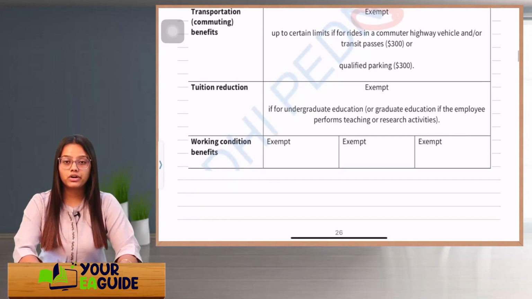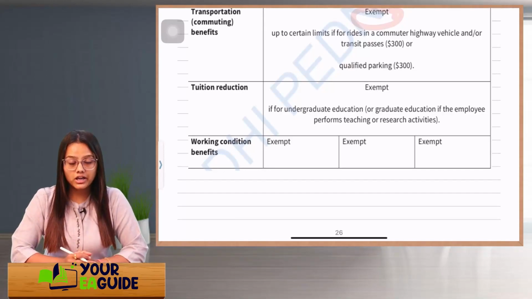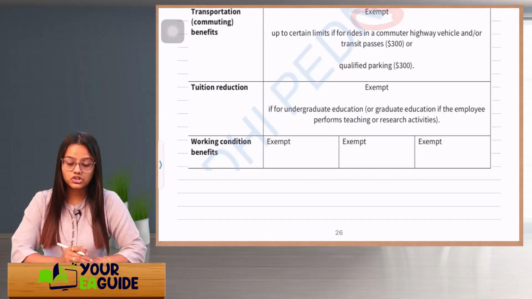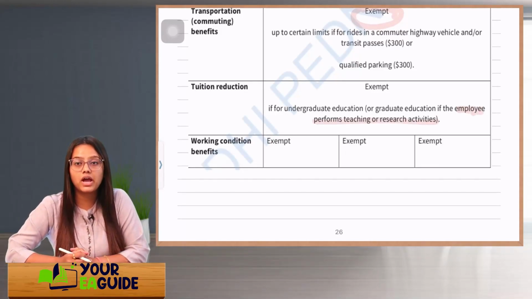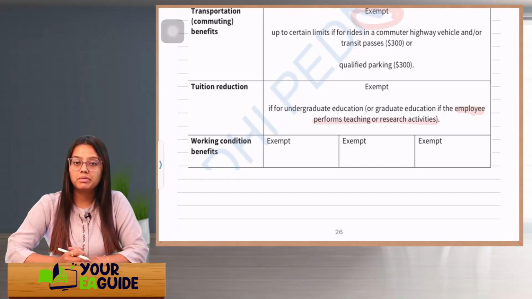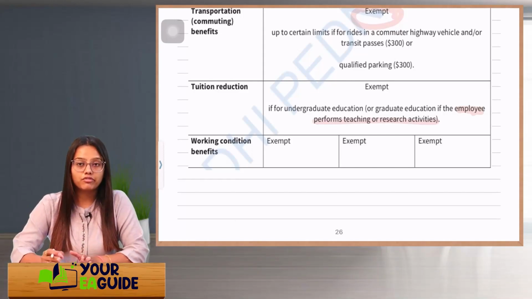Next is tuition reduction. If for undergraduate education or graduate education, the employee performs teaching or research activities, right, then it will be considered as a tuition reduction and it will be exempt. No need to make it chargeable for federal, Medicare, Social Security and FUTA, SUTA.